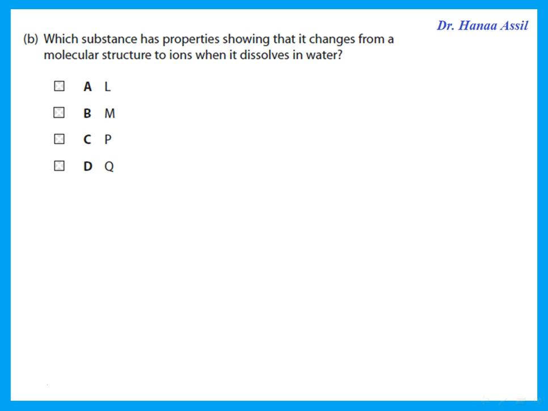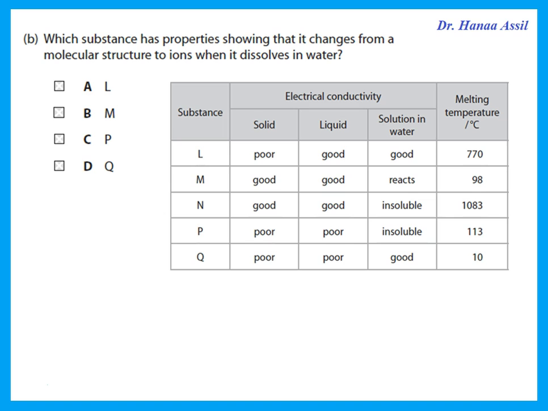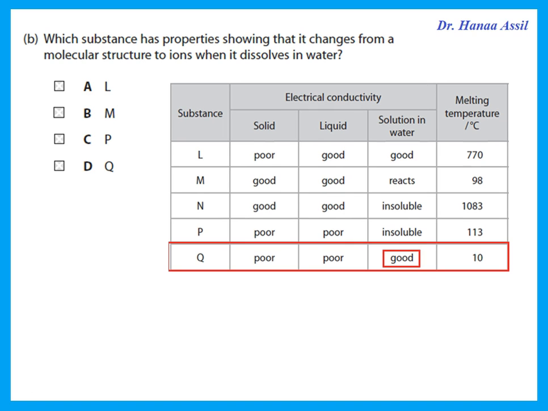Which substance has properties showing that it changes from molecular structure to ions when it dissolves in water? Well, let's look. What does this mean? If it changes from molecular structure to ions, that means as a solid or a liquid, it does not conduct electricity. It will conduct electricity only when in solution in water. So which one conducts electricity when in solution? That is Q.